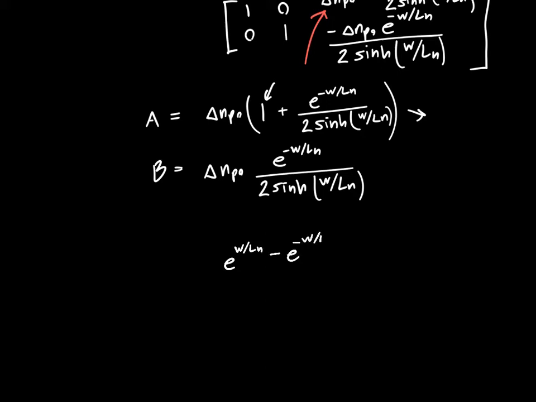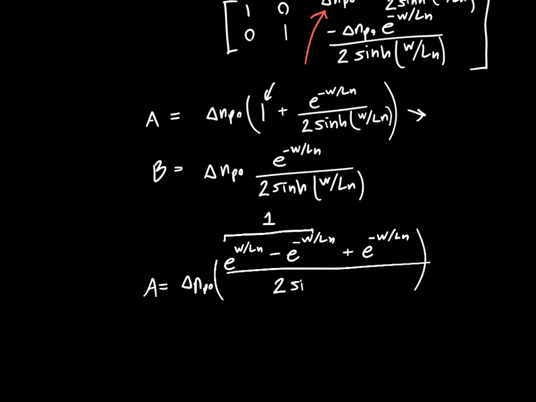So a is just equal to delta np naught. So this is our old 1, and this is plus e to the minus w over ln, all divided by still 2 sinh of w over ln. And I just ninja'd in that 2 sinh of w over ln is equal to e to the w over ln minus e to the minus w over ln.